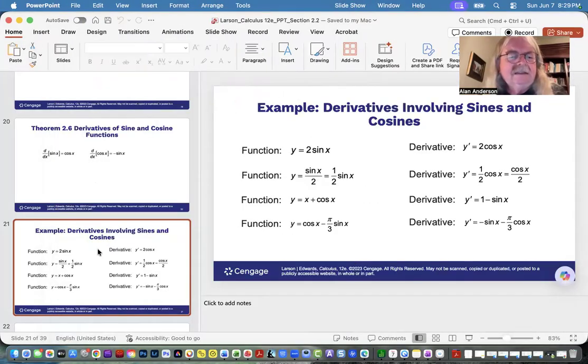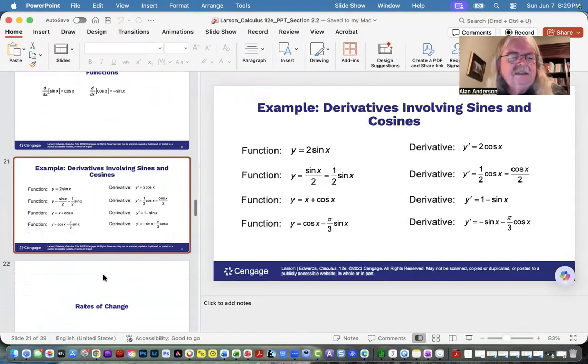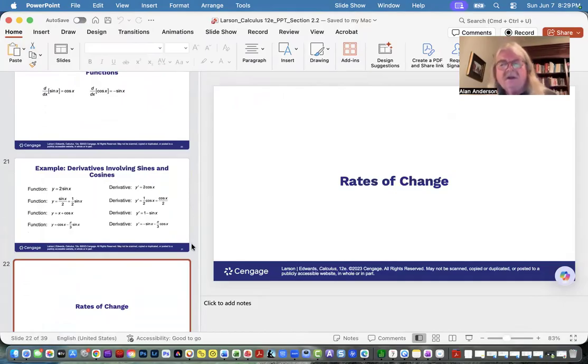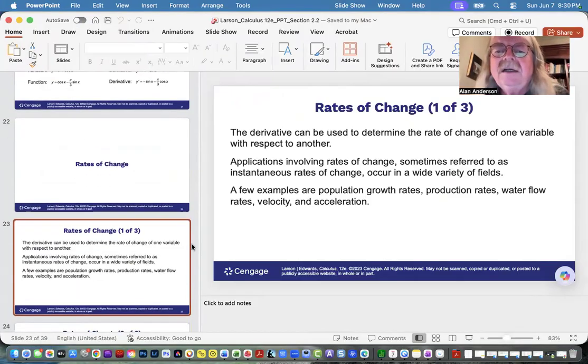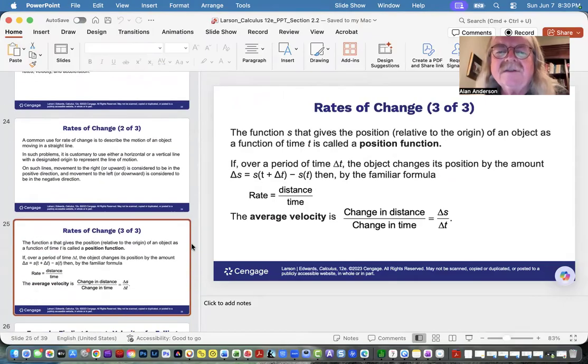Okay. Well, that was fun. Rates of change. Now, what they're going to try to do as we go along is introduce some applications of derivatives before we see all of the rules. Rates of change represent the change of one variable with respect to another variable. So if you remember, they mentioned this earlier in the course, if you have a function that represents the position of a particle as a function of time, where is it going?